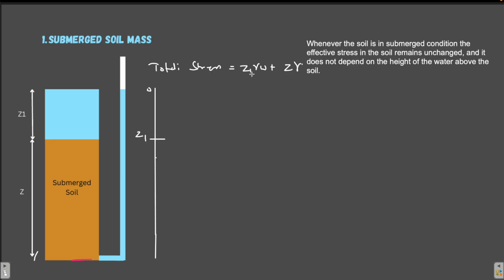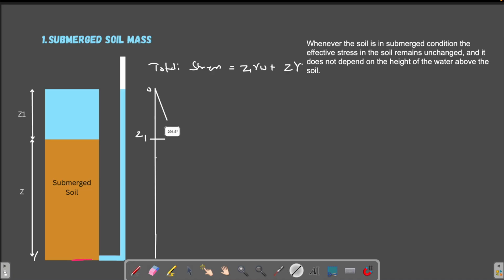And as Z1 keeps on increasing, this stress is also increasing, right? Up till Z1, and it becomes equal to gamma W into Z1. So you see here, from 0 till Z1 it is increasing linearly, and it becomes equal to gamma W into Z1 right here.